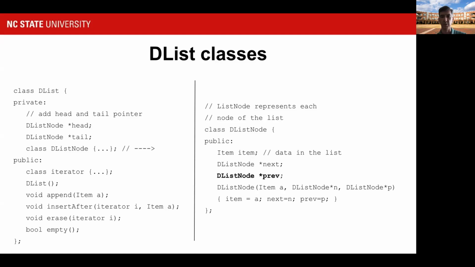Inside the dlist node, we have an item, a next pointer, and now something new, the previous pointer. I extend my constructor for this dlist node object to have a third argument that allows me to initialize the previous pointer.